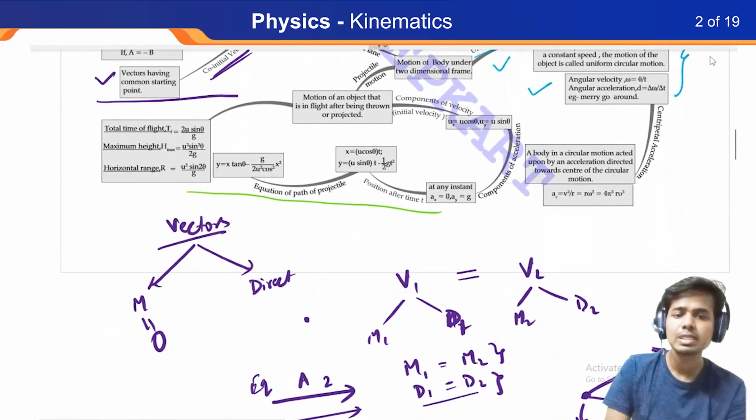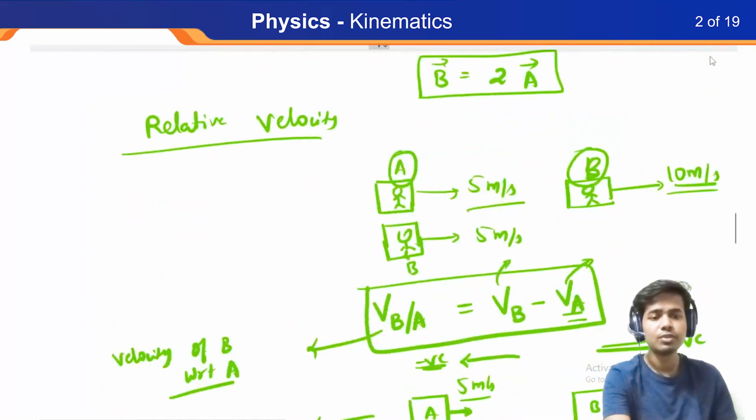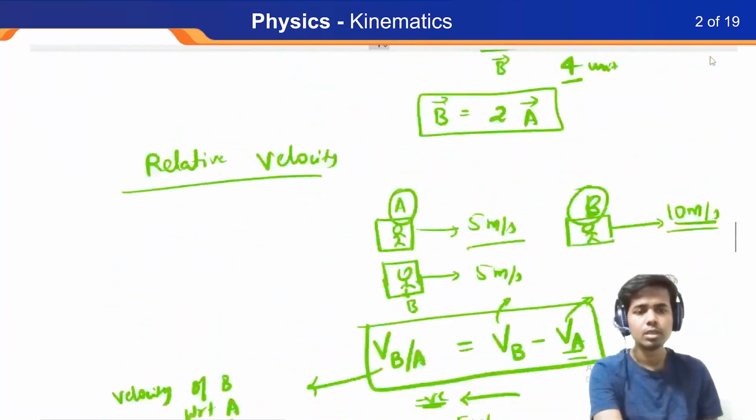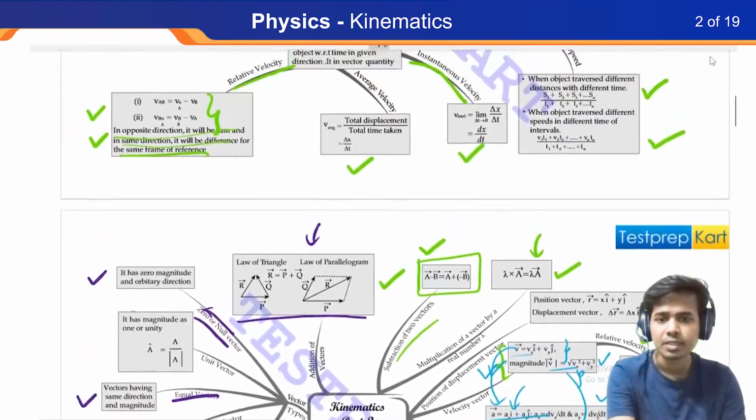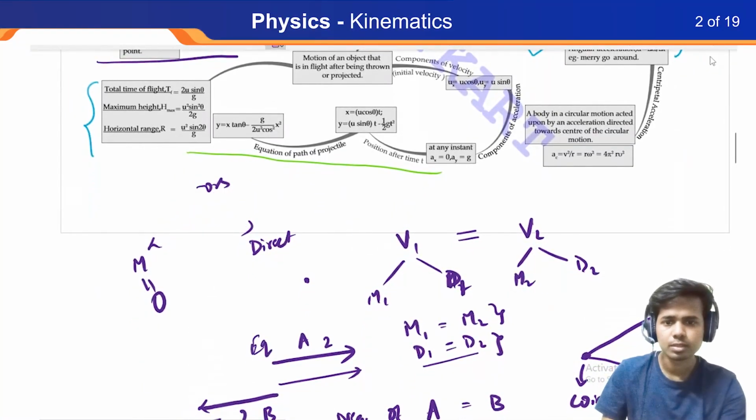The last part of this session is projectile motion. I'll just explain it here itself, so that you don't have to go anywhere else. I'll just erase this part.